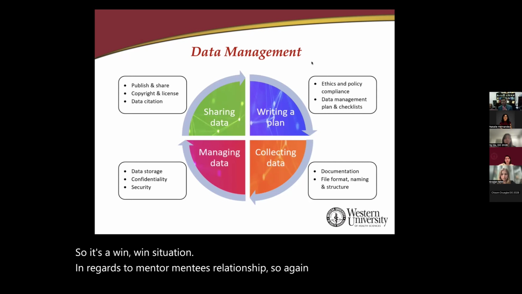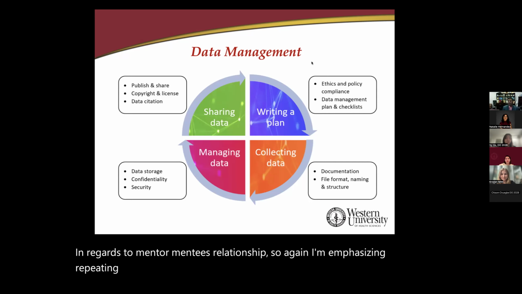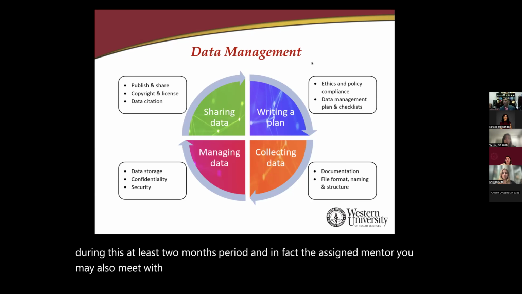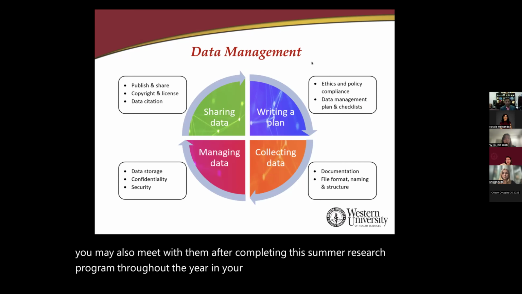Again, I'm emphasizing, repeating myself, that please meet with your mentor as often as you can during this at least 2 months period. And in fact, the assigned mentor, you may also meet with them after completing this summer research program, throughout the year in your second year and so on. Any question?